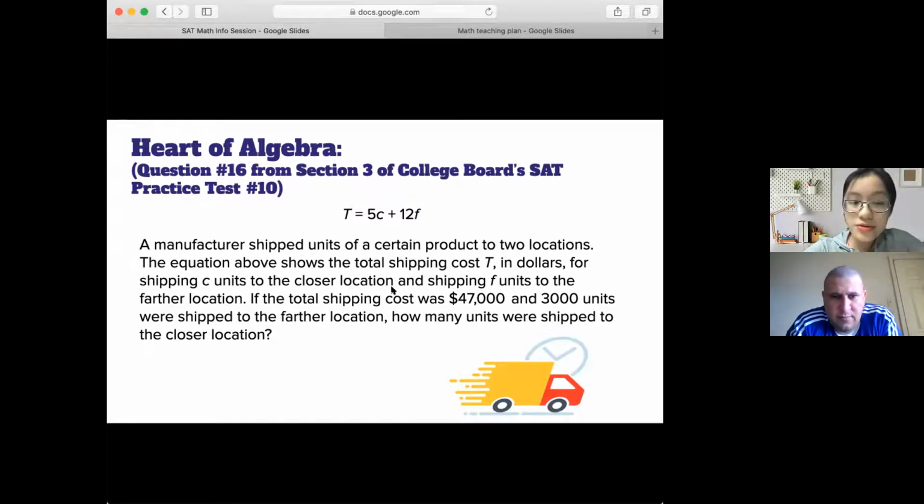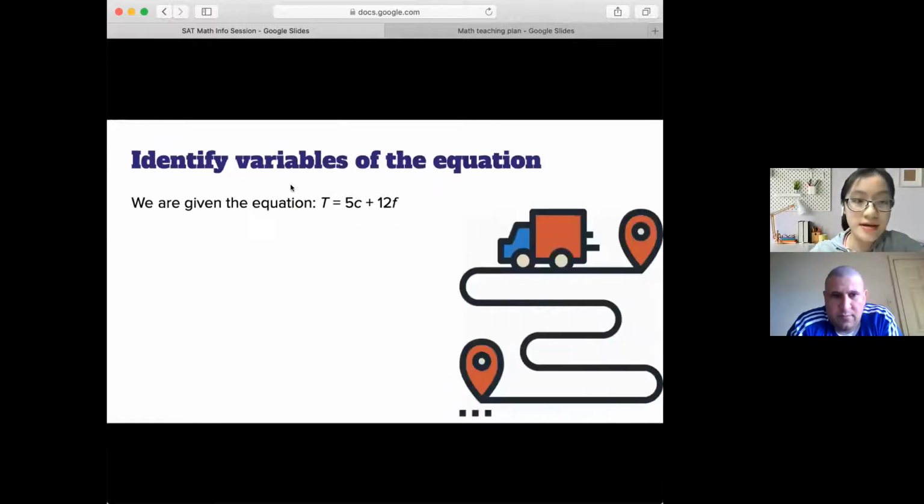The first thing we need to do is figure out what we're supposed to find. The question asks how many units were shipped to the closer location, so we need to find C. Now we identify the variables. We are given the equation T equals 5C plus 12F.